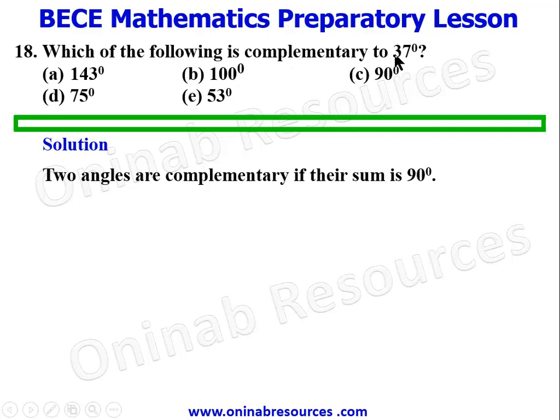So to get the complementary to this, we say 90 minus 37, which will give us, 10 minus 7 gives 3, 8 minus 3 gives 5, and that's 53 degrees, which is option E. We are done with problem 18.